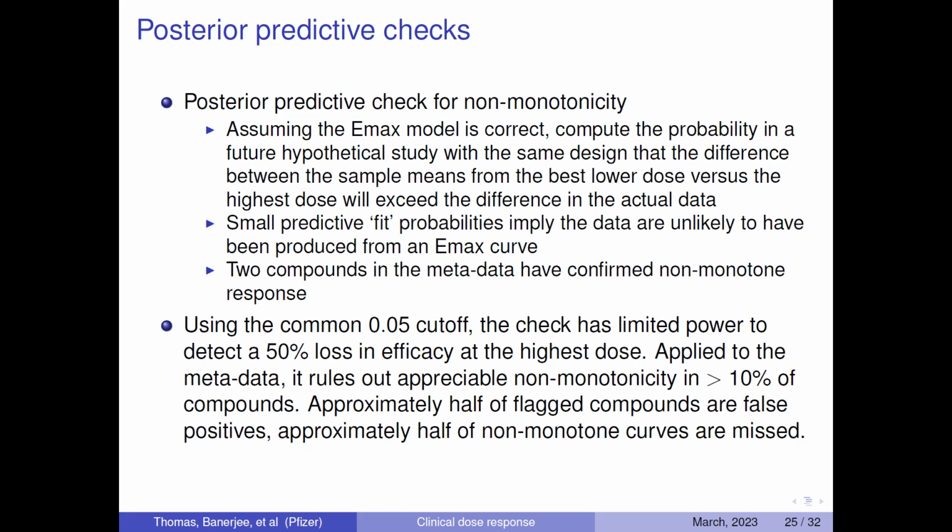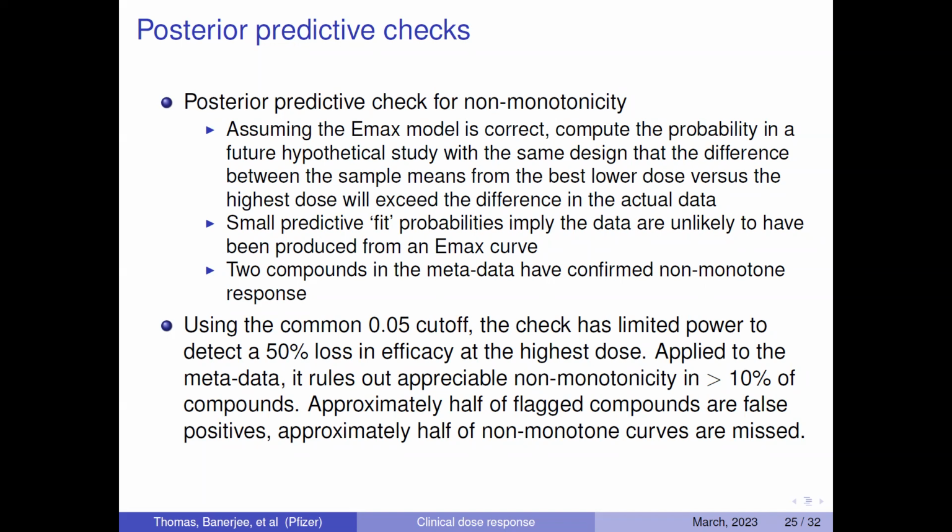And what we found was, if we just took the naive, usual, common cutoff of 0.05, so anything below 0.05 we'll say, oh, that's a bad fit, and anything above that is okay, and we use that naive cutoff as a scanning device, and we look at how much power we would have if we actually had non-monotonicity.